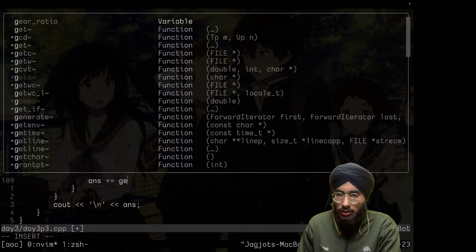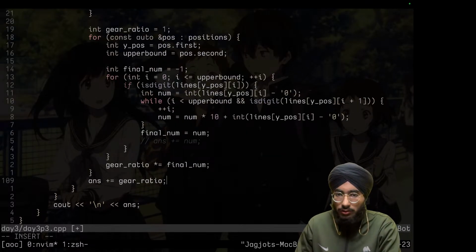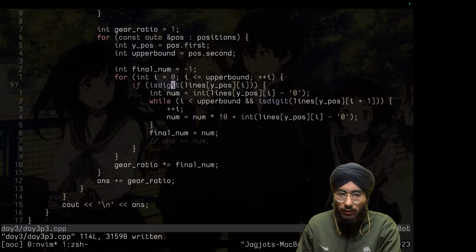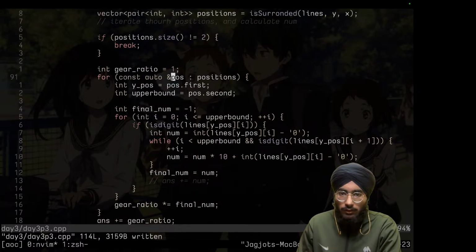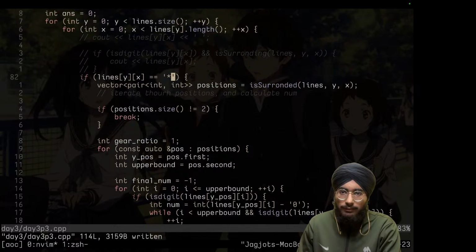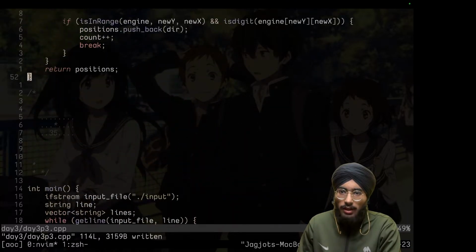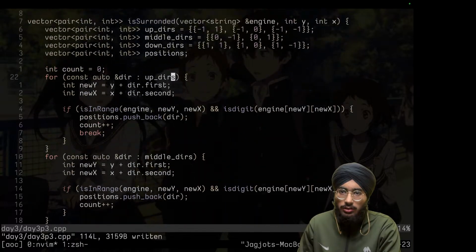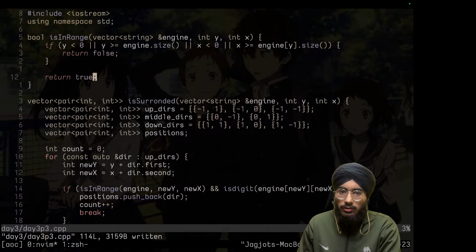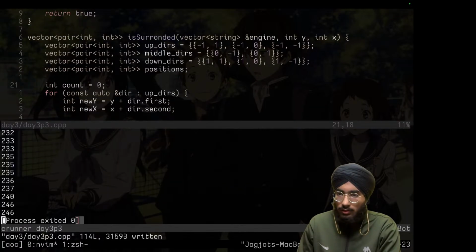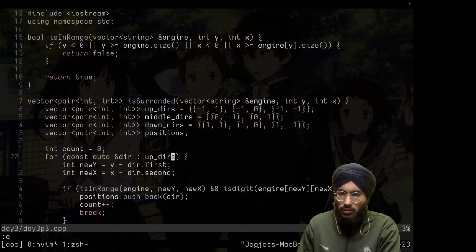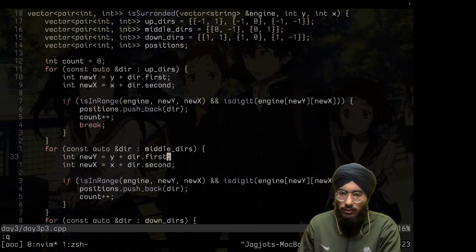Now that we have the gear ratio, answer plus equals to gear ratio, right? We have the answer. We have the direction, positions. We have all that. What am I even printing?